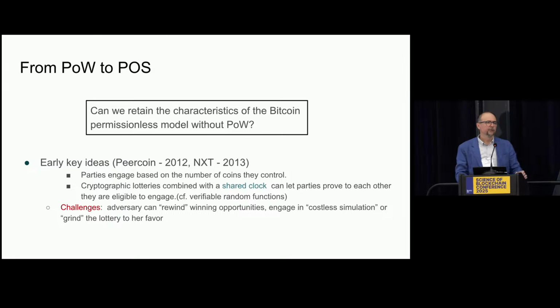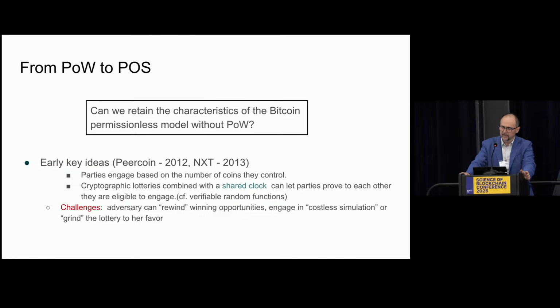But of course, the question when doing this transition is, can we retain the characteristics of the Bitcoin permissionless model without proof of work? Now, in the blockchain space, there were a lot of very interesting early systems, such as Peercoin in 2012 and Nxt in 2013, that laid out key ideas on how we may go about this.